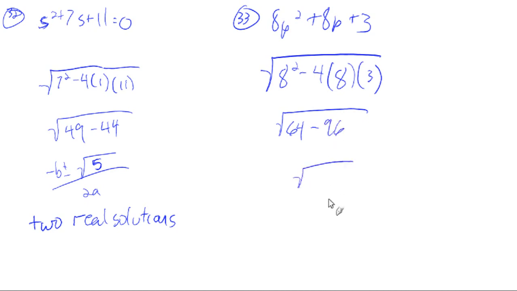And then we'll get the square root of 64 minus 96, which is negative 32.